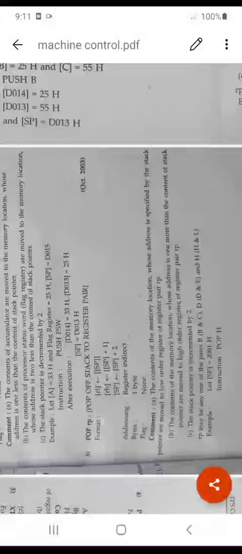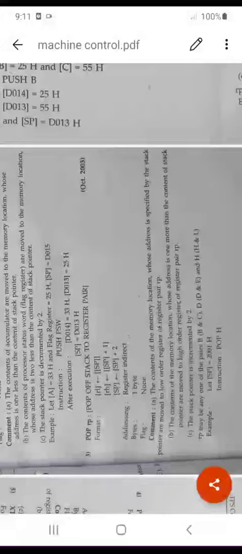So again, POP RP. POP RP means the content of the stack will move to the register pair. The stack pointer position content is moved to the lower order register, then the stack pointer is incremented and the higher order register gets the next content, and the stack pointer is incremented by 2.